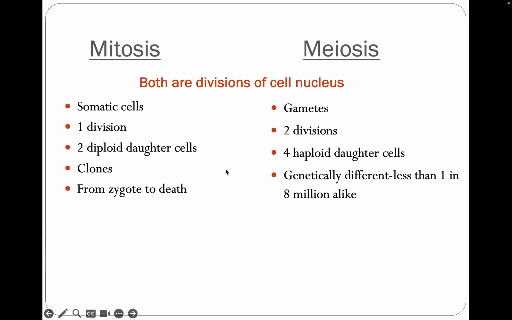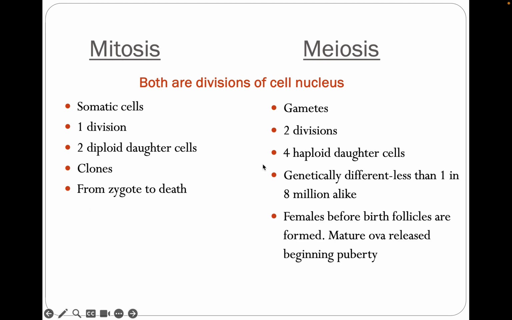Mitosis is how our cells divide from the zygote stage until we die. Meiosis occurs in females before we're even born. Follicles are formed. Mature ova are released beginning in puberty, but those ova have already been produced by meiosis before newborn baby girls are even born.